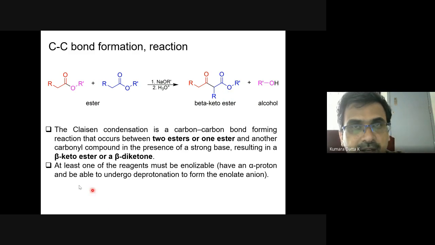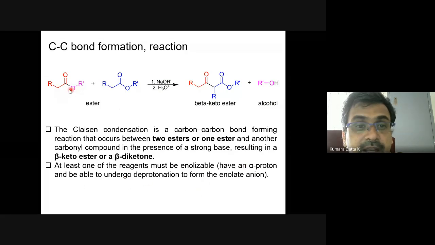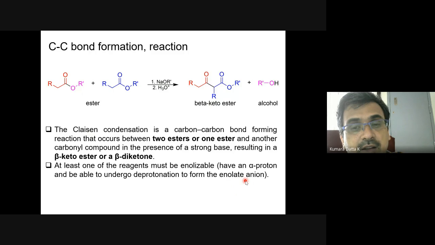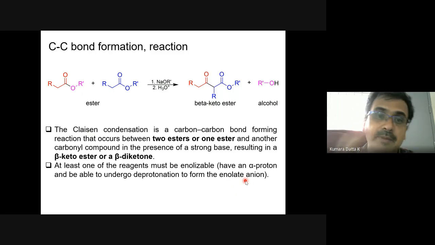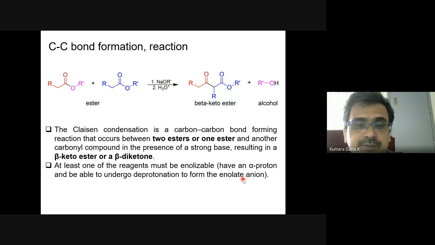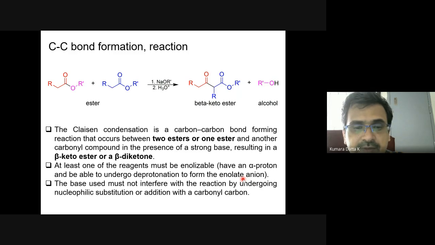Now, one of the reagents should be enolizable, where the enol-keto composition you are aware of, especially a proton which can undergo deprotonation, particularly the alpha proton bonded here. Once this goes, we get the enolate ion. That is the basis for Claisen condensation reactions.